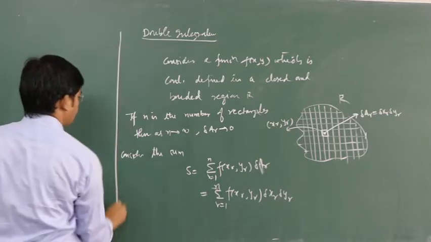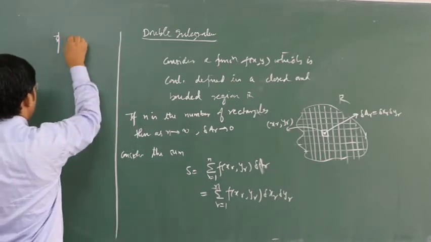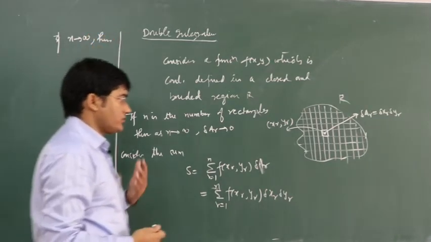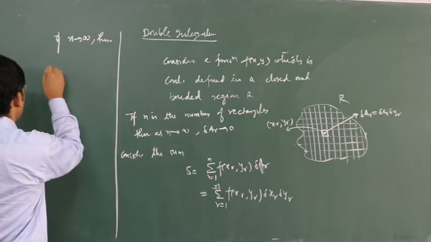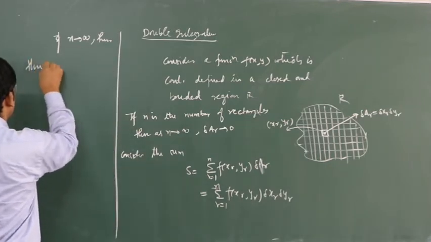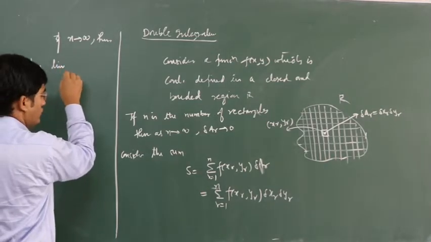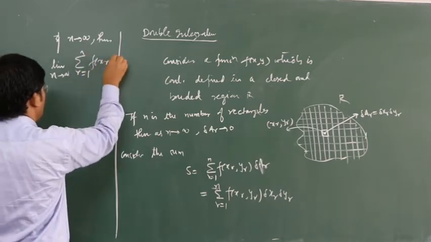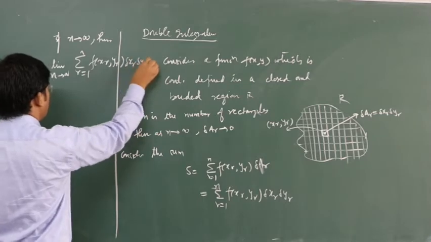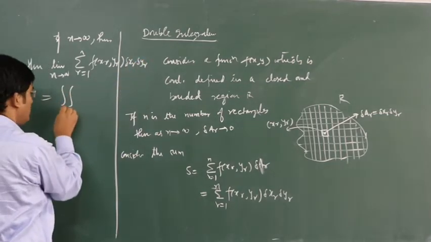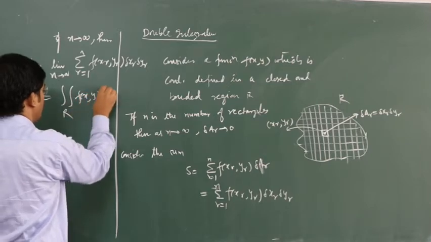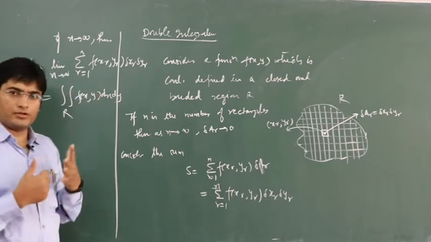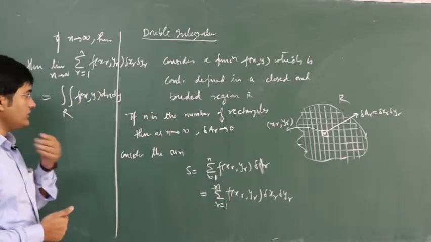As n tends to infinity, delta AR tends towards 0, and this limit of the sum from r equal to 1 to n of f(xr, yr) delta xr delta yr is said to be the double integration of f(x,y) over the region R.